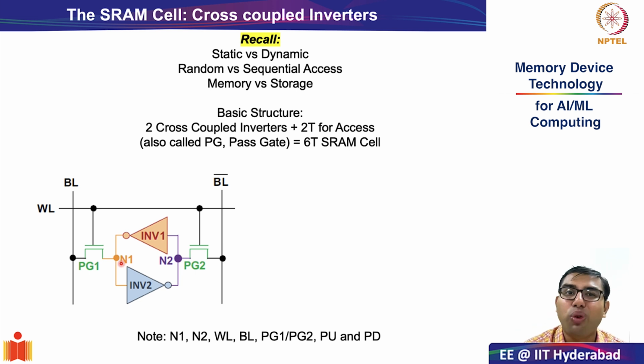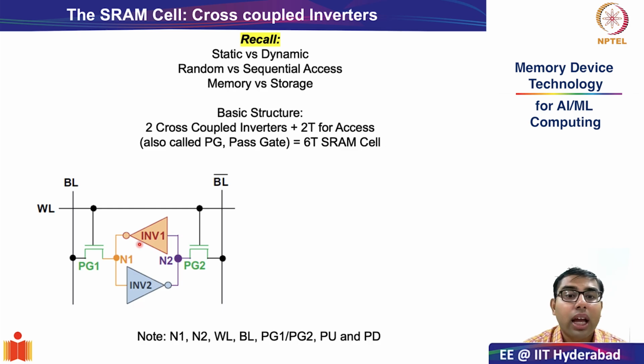Important thing to realize over here, because this is a cross-coupled inverter, N1 and N2 cannot assume arbitrary values. N1 at all times has to be the complement of N2. If N1 is 0, N2 has to be 1. If N2 is 1, then N1 has to be 0. Okay, so this is a very important thing to consider. So at the heart are these cross-coupled inverters.